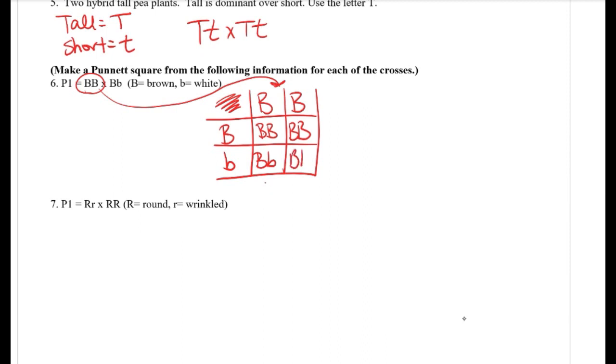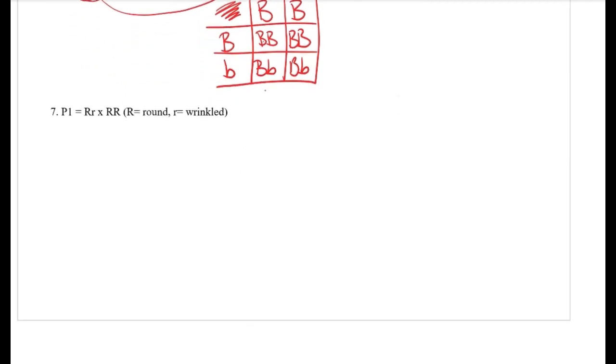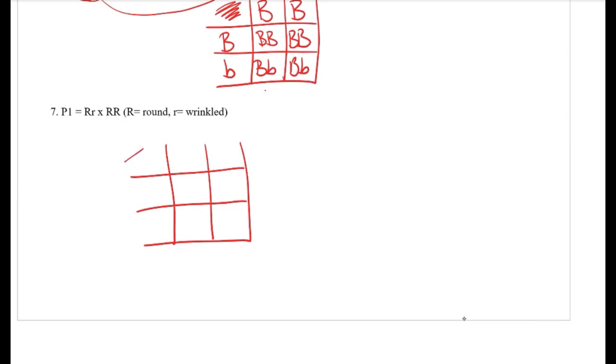Okay? And our last Punnett square, we've got round and wrinkled. Let me make my square again, and again, you can do it any way that you want to, your choice. So one allele in each for the one parent. Here's the second parent. And now I'm going to fill in the Punnett square.